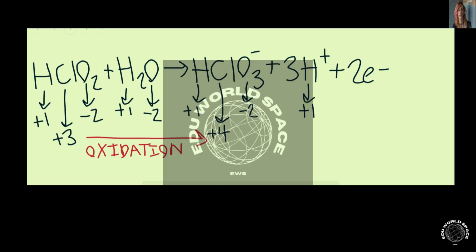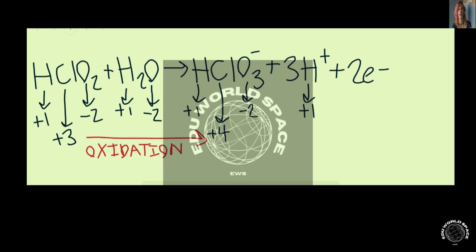So we have HClO2. We know that the oxidation state for hydrogen is +1 when it's bonded to other atoms, and the oxidation state for oxygen is -2. So we have +1 and 2 times -2, so +1 and -4, and we want it to be overall electrically neutral. So the oxidation state on chlorine in this case is +3.